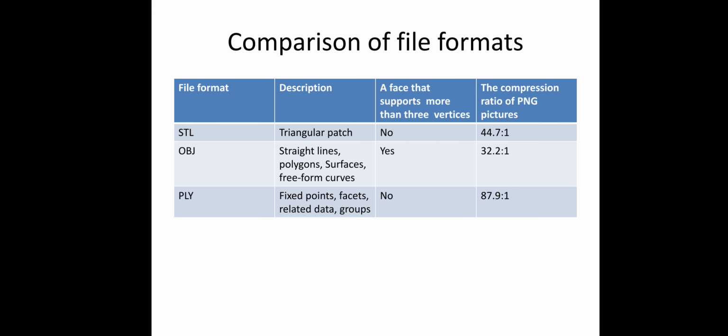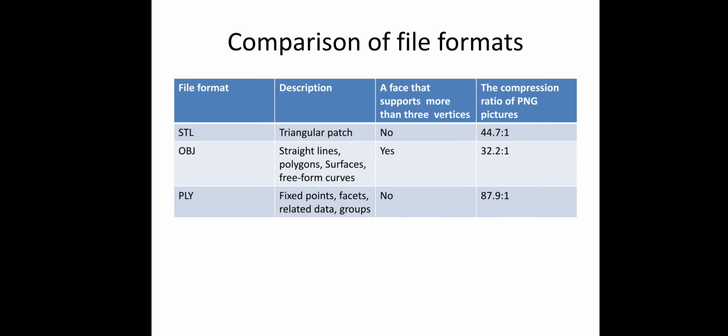Comparison of different file formats. STL file format: triangular patches, it supports only 3 vertices, and the compression ratio of PNG pictures is 44.7:1. And OBJ format is described by polygons, quadrilaterals and freeform curves such as NURBS. It supports more than 3 vertices.